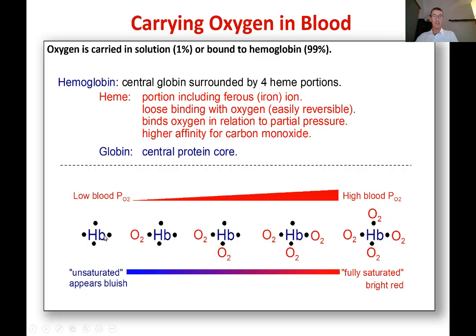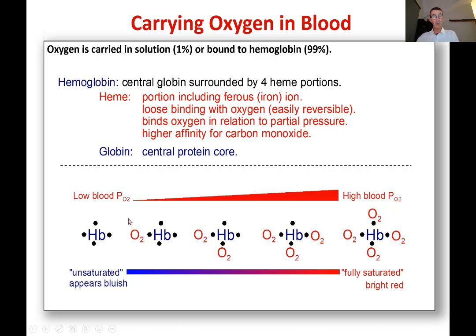So at low pressures there's none, at higher pressures there's an oxygen there. It might be going on and off. As you increase the pressure further, it's more likely to go on to a second one. As you increase it further, more likely to go on to a third. When you get to high partial pressures, up around 90 millimeters of mercury and higher, then you're likely to have oxygen bound to all 4 heme portions.